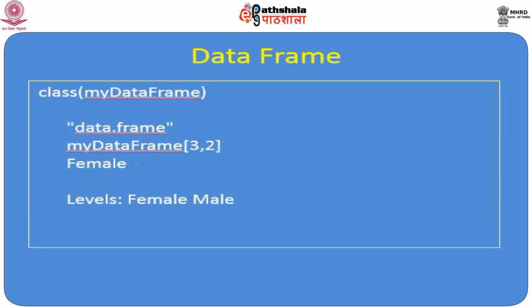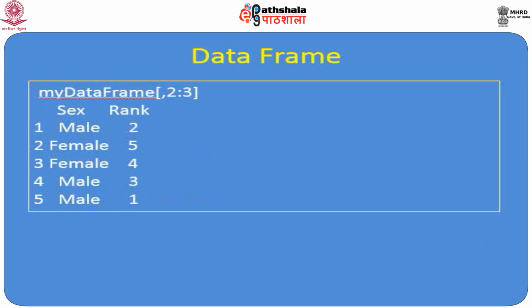The class function will give you the data type. Like here, we know that my data frame is a data frame because we have constructed it like this. The element corresponding to the third row and second column is female, with two levels, male and female. So, in the output, this is showing here.